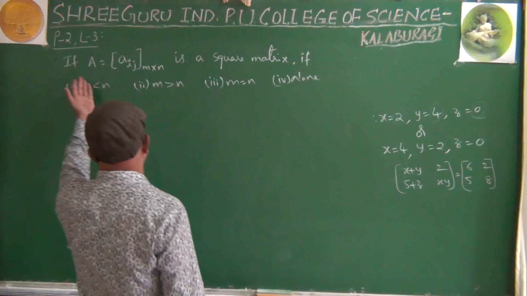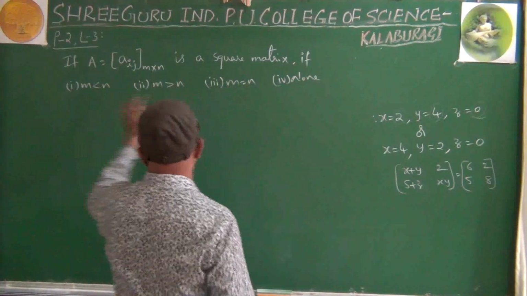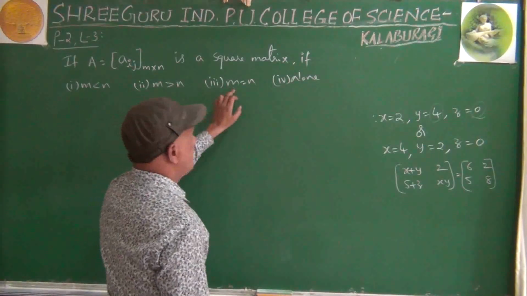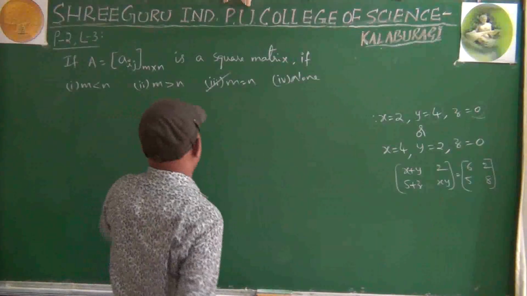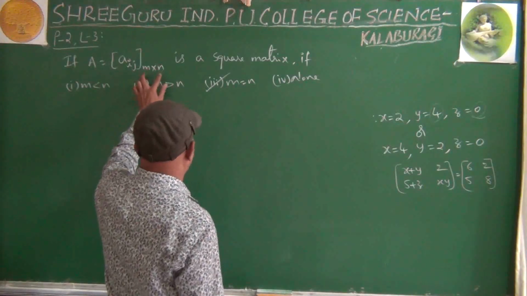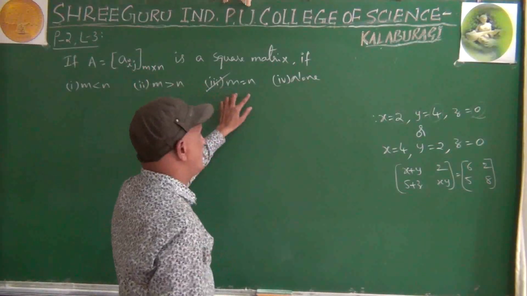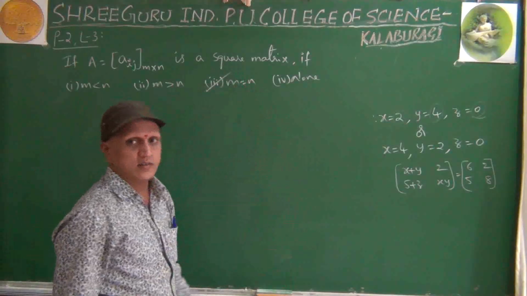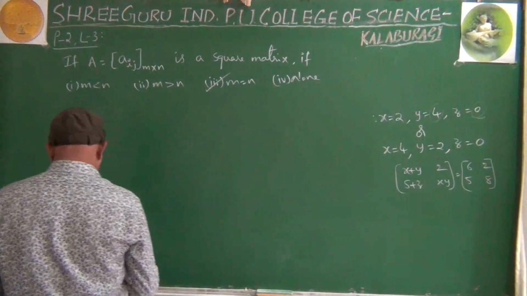The question is that only. A is a square matrix when? If m less than n? No. If m greater than n? No. If m equals n? Yes. M by n means order, no? Number of rows, number of columns. If both are equal, then it is called a square matrix. See the definition, then you can understand easily. Next question.